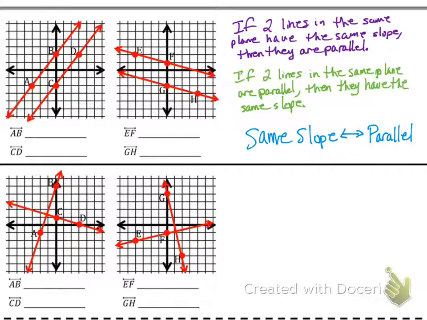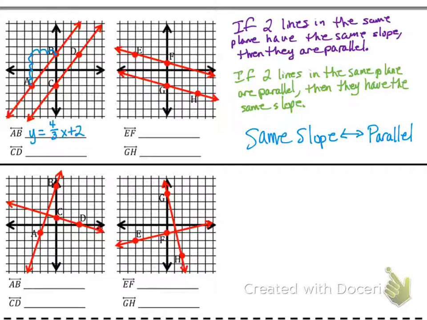And so, looking at our graphs here, for line AB, if I write that equation in slope-intercept form, it will be y equals, and my slope, I'm going up 1, 2, 3, 4, and to the right 1, 2, 3, so it's 4/3 x. My y-intercept is at 2, so plus 2.